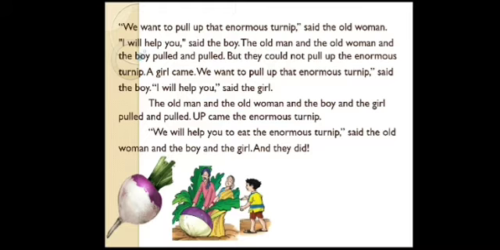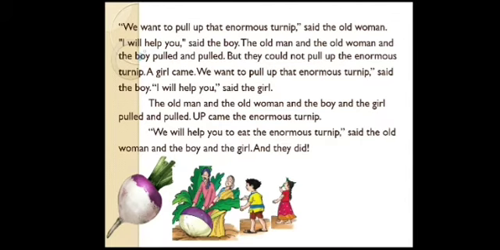The old man and the old woman and the boy pulled and pulled, but they could not pull up the enormous turnip. A girl came. "We want to pull up that enormous turnip," said the boy. "I will help you," said the girl. The girl came like this.